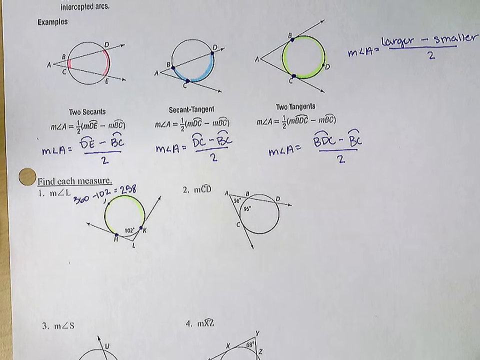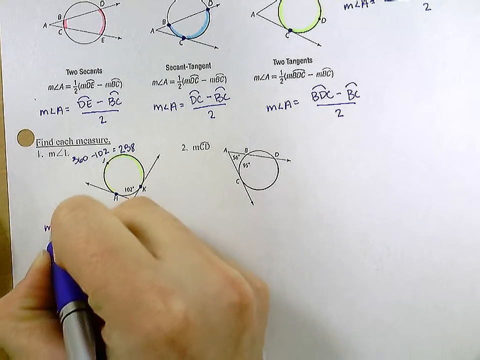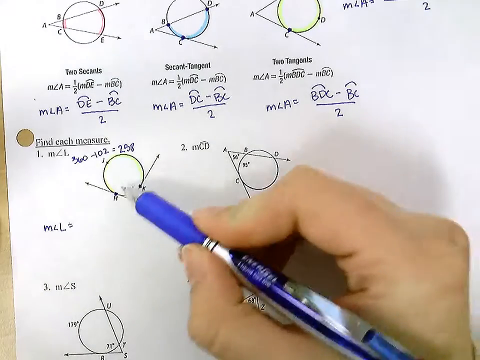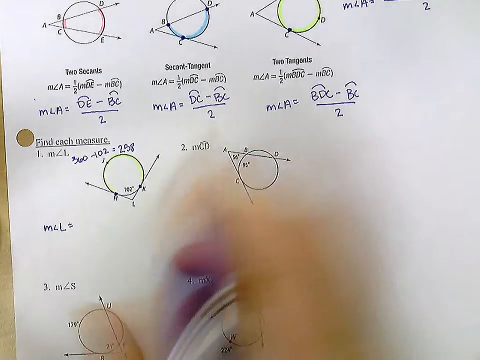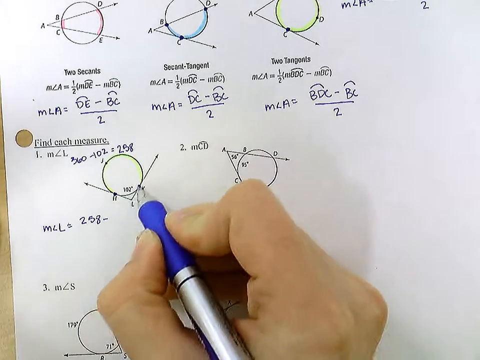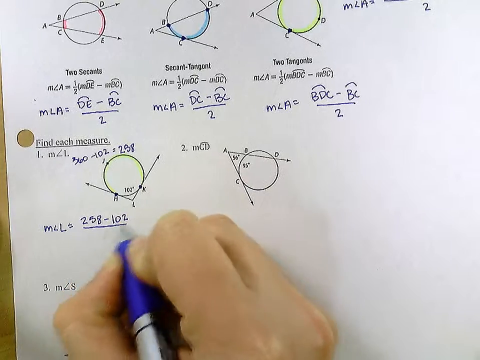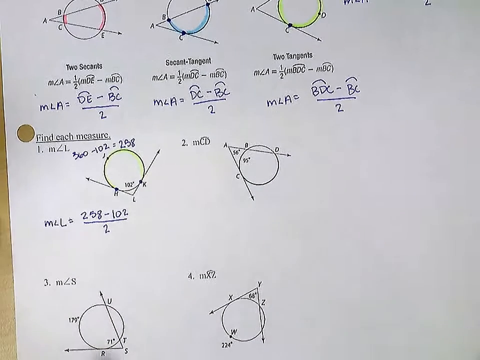So that arc HJK is 258 degrees. So now that I know the larger arc, I can find the measure of angle L. By taking that larger arc measure, so 258, subtracting the smaller arc measure, 102, and dividing it by 2.